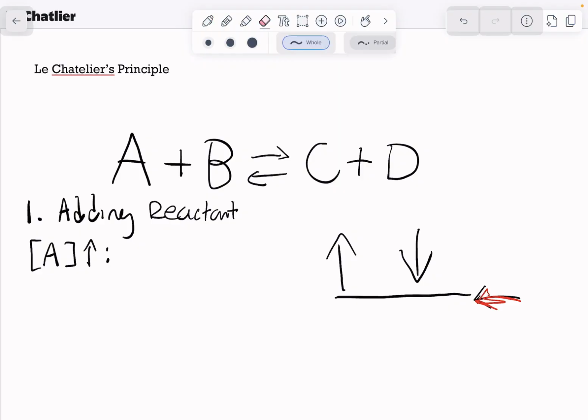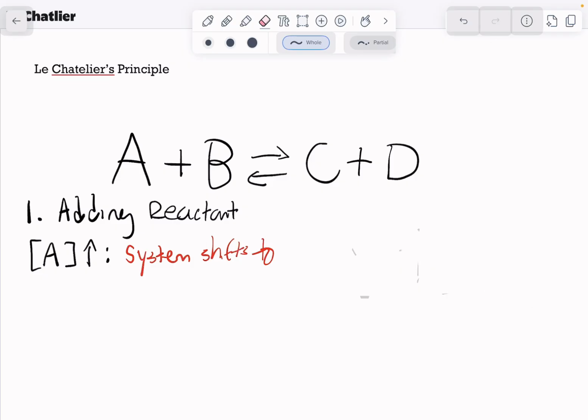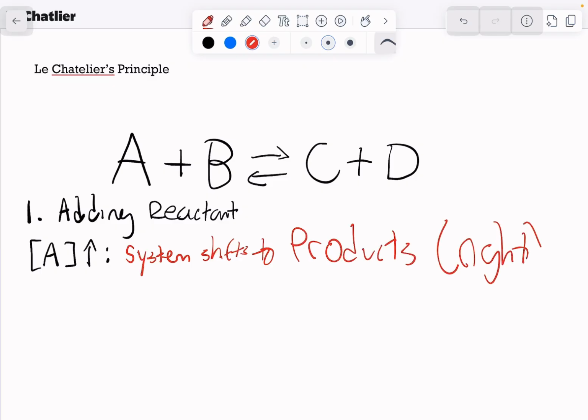So, when we add reactants, this can either be A or B, the system will shift to the side of the products, or the right. Now, this is the same for B as it is also a reactant.